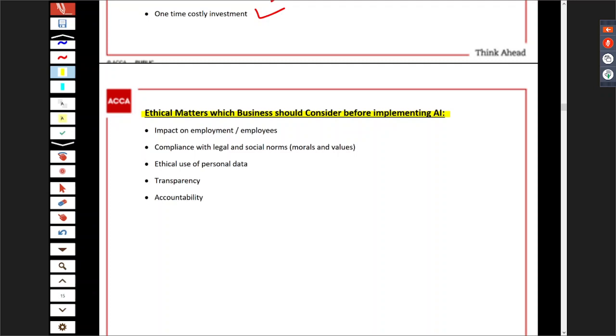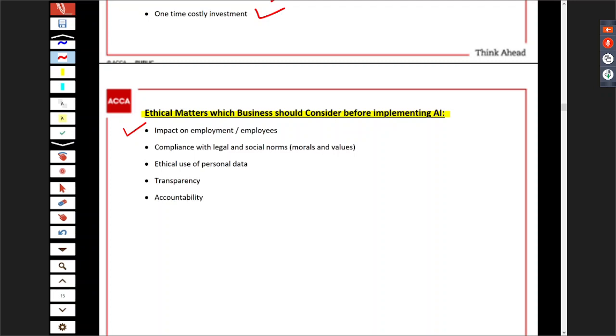Other than the usual risk like high dependency on technology and hacking and data security, there are some ethical aspects. For example, a good organization will always think what will be the impact on employment or its employees. Are they going to fire everybody and replace all the humans with machines? That has got a social implication, right?